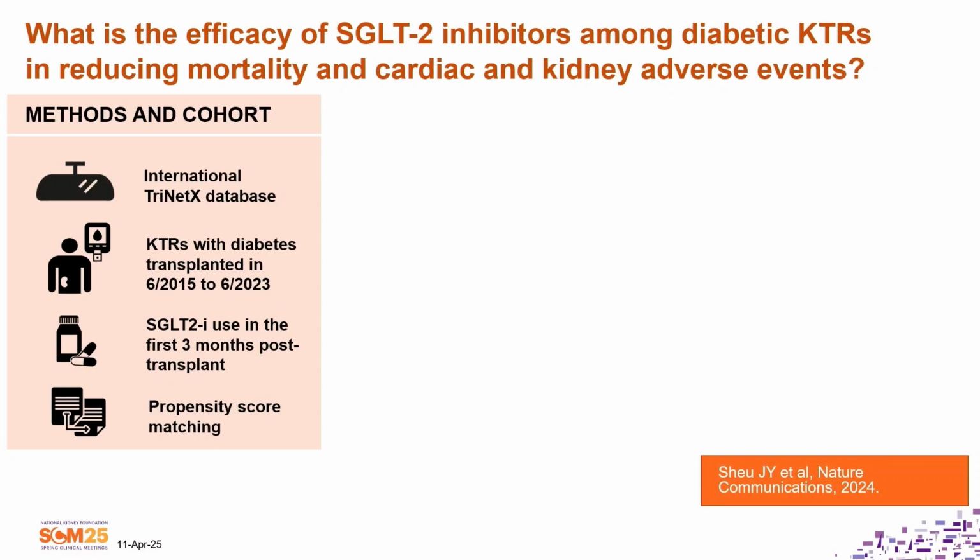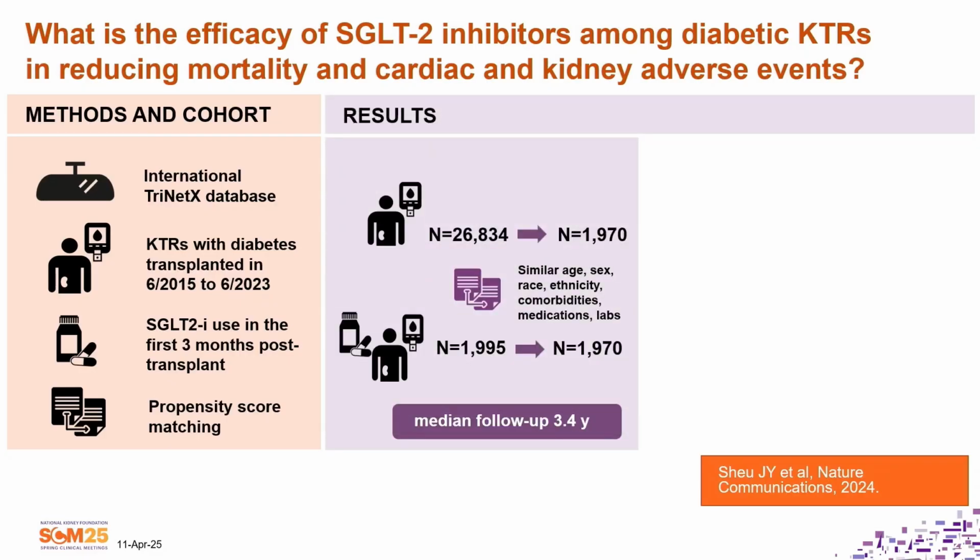And they identified patients who received SGLT2 inhibitors in the first 3 months post-transplant, and they used propensity score matching to compare outcomes. This is a population of 26,834 without SGLT2, but you see the final number was 1,970 because this was a matched cohort. Similar in age, sex, race, ethnicity, comorbidities, medications, and laboratory results.